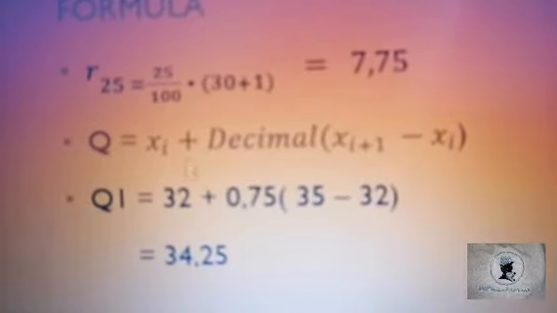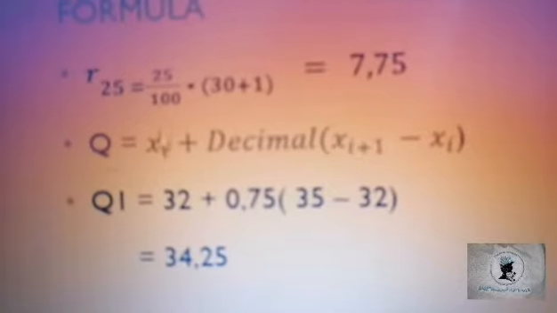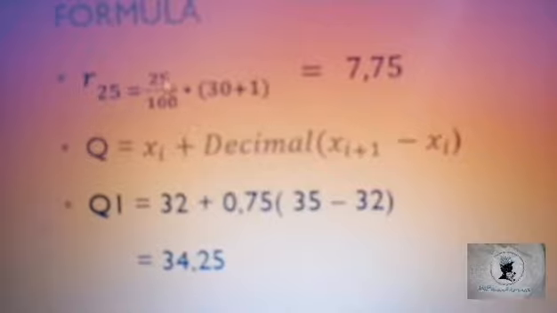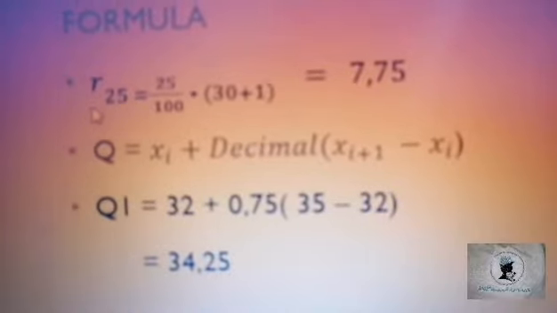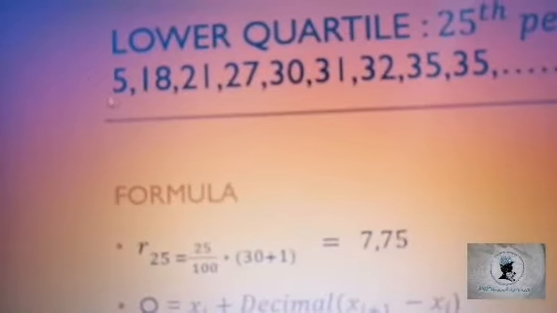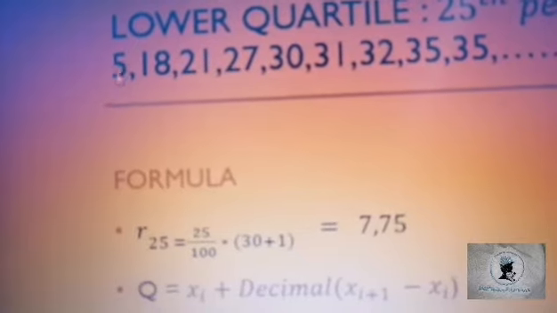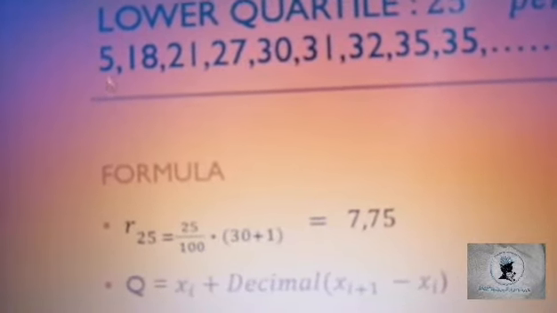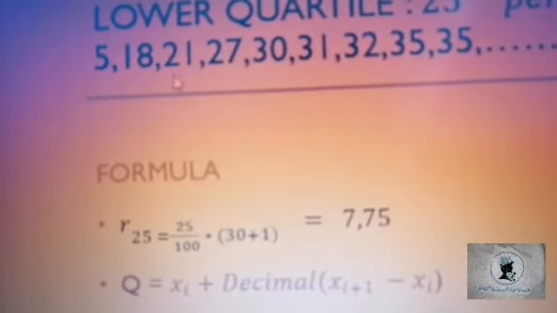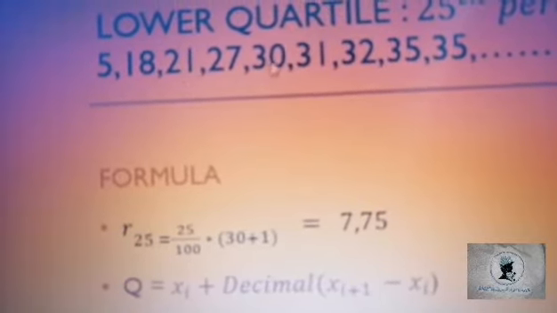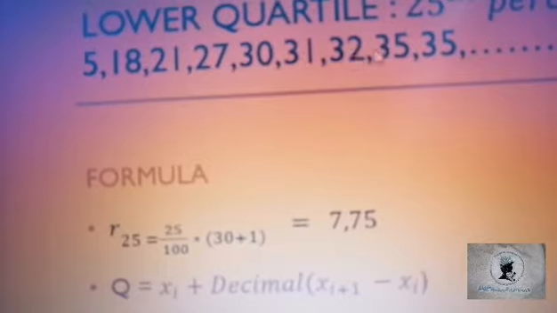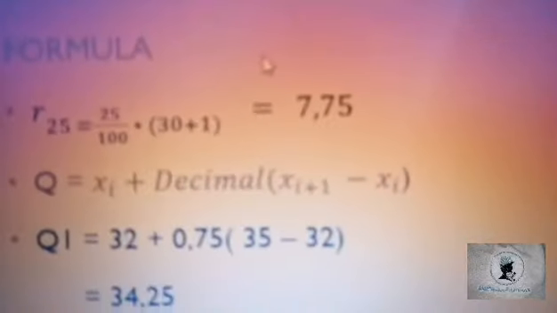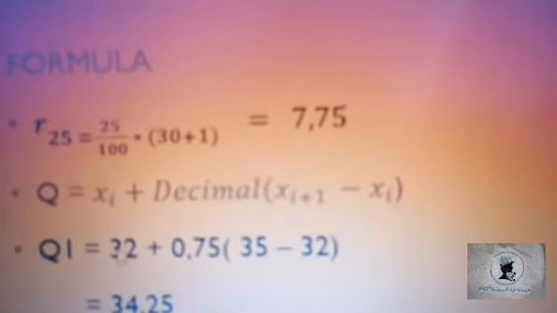And xi is the data value at position i, which is 7. So we are going to count 1, 2, 3, 4, 5, 6, 7. So our xi equals 32. That is where this 32 comes from.